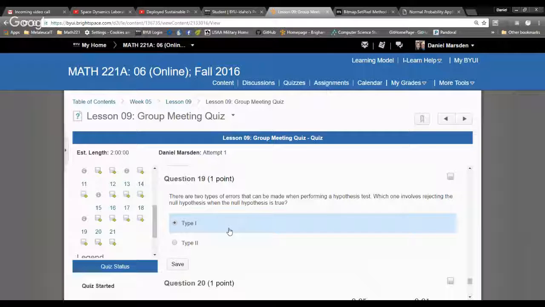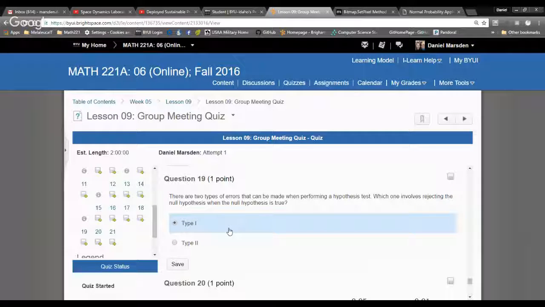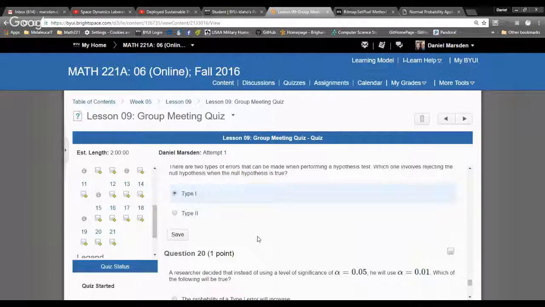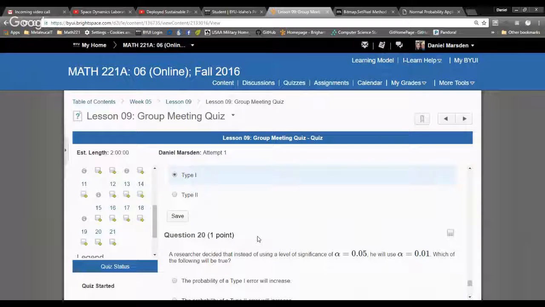A false assumption is better than overlooking the defect, is how I see it. So type 1 is a false assumption. Type 2 would be overlooking the problem. You're not able to prove that it's a problem or it's false. Okay, so we're going type 1 then, right? Yeah.